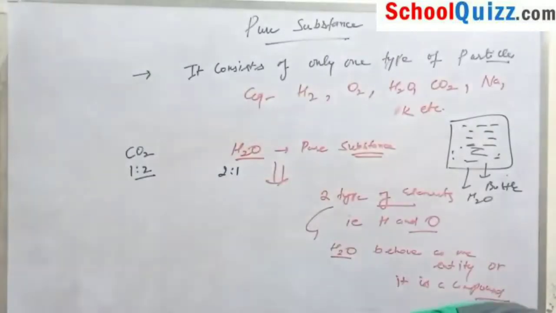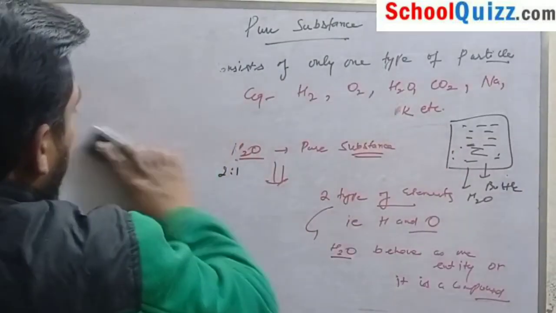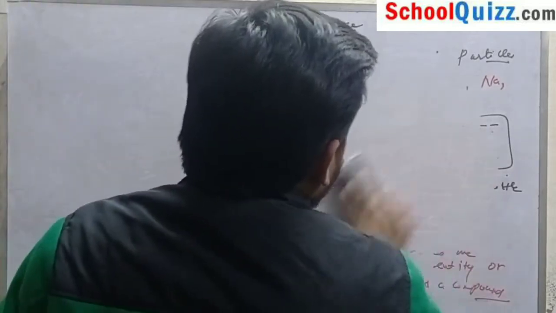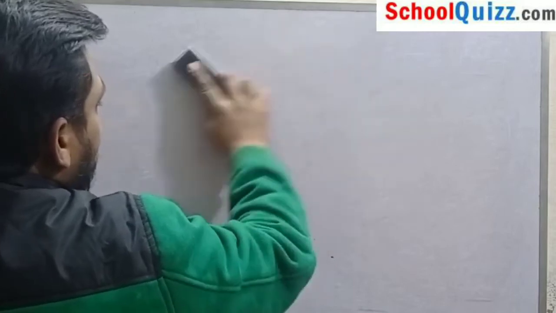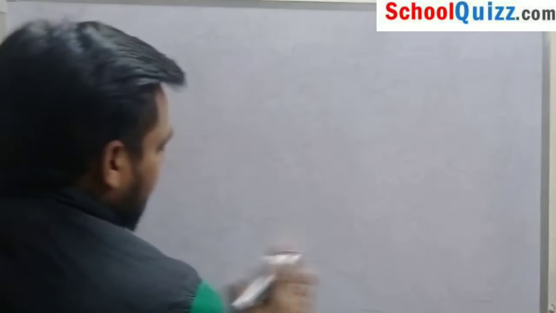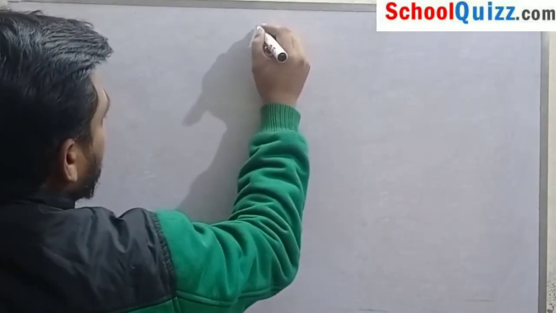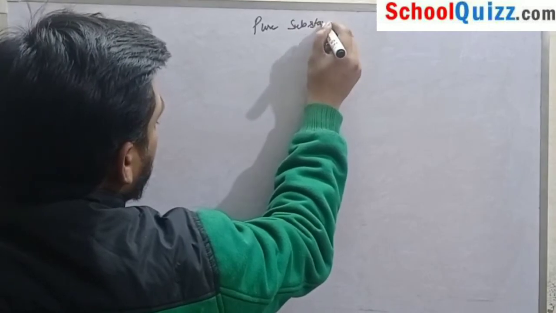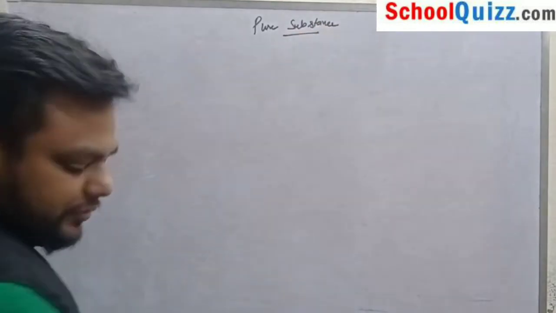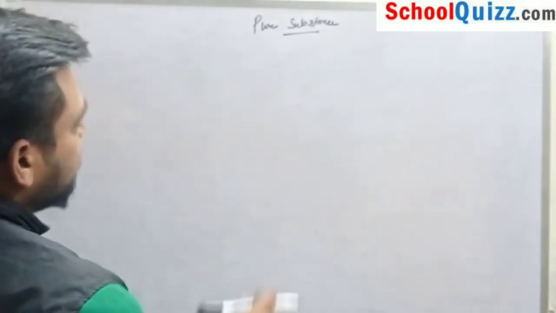Okay, we will classify pure substance. In this video, we will also discuss the flow chart of the chapter, and after that, one by one, we will discuss all the topics of the chapter. So in this video, we will classify, first of all, pure substance.